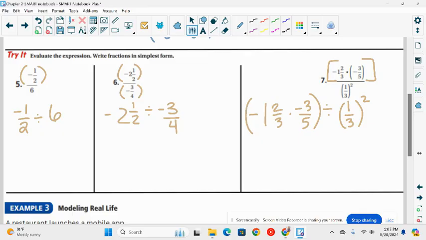Ooh, that's going to be a long one, or it looks like it. According to order of operations, y'all try it. I want to see who can get it right without your fancy calculator. You can use your basic calculator.